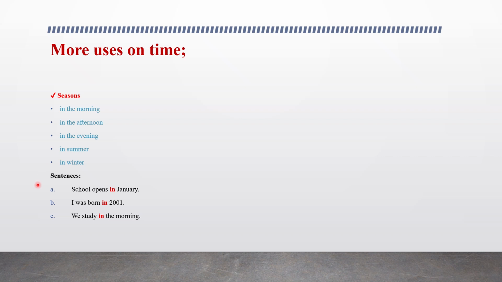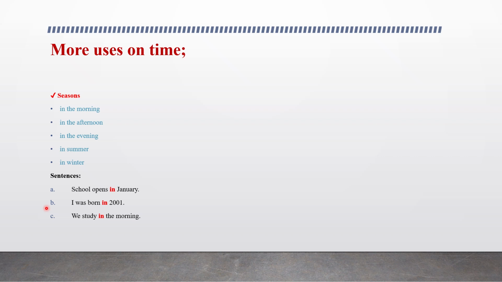So like in our examples here, you can talk of she opens in January. We are not so specific. We are not so sure when in January. All we know is that she opens in January. It can be January 1st, maybe January 22nd, or maybe January 15th. I was born in 2001.